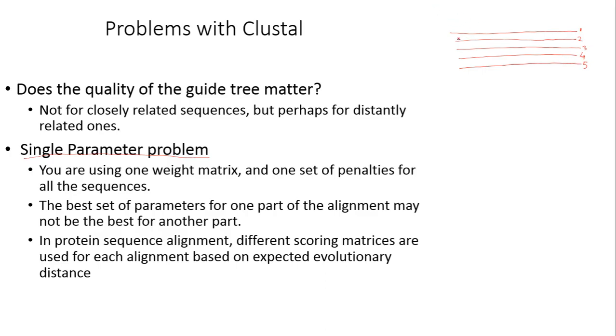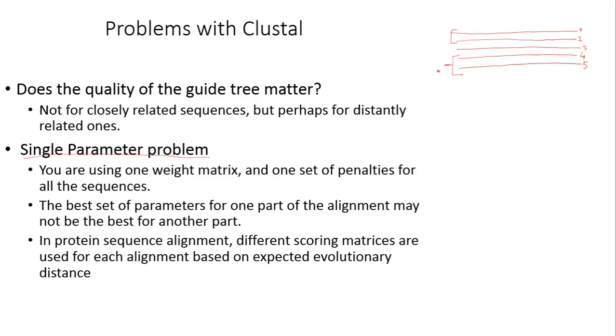Why? Because whatever set of penalties you are using for aligning these two sequences may not be optimal for aligning the remaining two sequences. You might require another set of penalties and weighing matrix to deal with this problem. This is something called a single parameter problem.